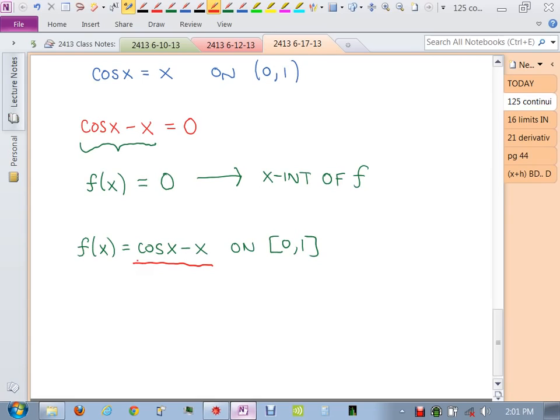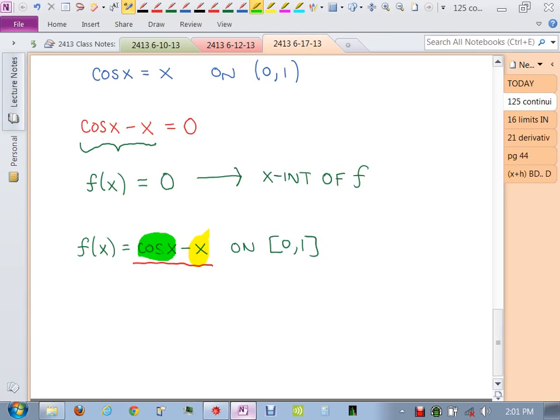Because theorem 1.5.9 says all polynomial functions are continuous. Isn't x by itself a polynomial? And what is cosine x? A trig function. Doesn't it say all trig functions are continuous? And look at theorem 1.5.8, the one right above it. Look at number 1. It says f plus g is continuous.